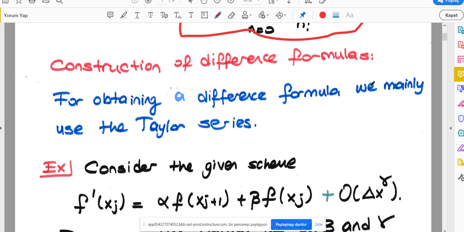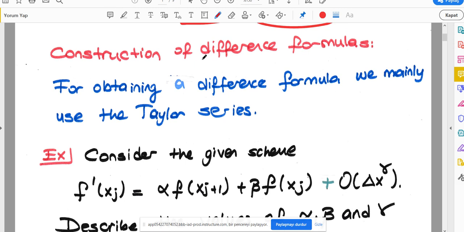So the construction of a difference formula here, the difference equation, from now on you will see what I mean. In the continuous space we have the differential equations, okay, but we cannot solve all the differential equations directly, like you did when you took the class which is called differential equations, Math 205 I'm saying here.